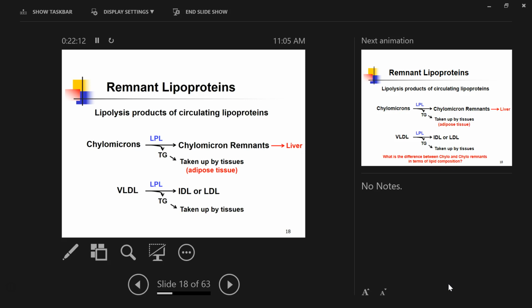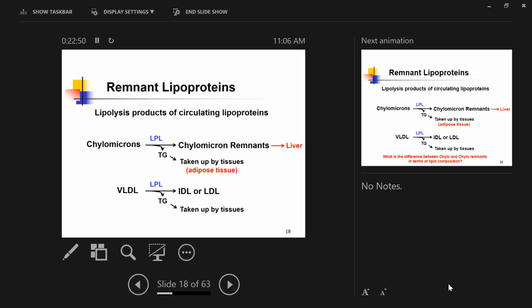And once it's delivered to the other tissue, then the core lipids will be hydrolyzed, right? For example, triglyceride delivered from liver or from intestine to adipose tissue, then triglyceride is hydrolyzed by lipoprotein lipase, and lipid will be released from lipoprotein, right, in the form of fatty acids. So the lipid core will be reduced once it has reached its destination, right?